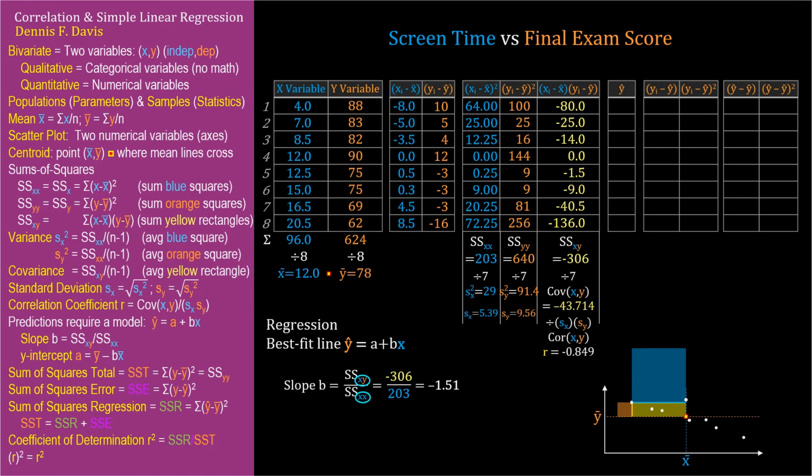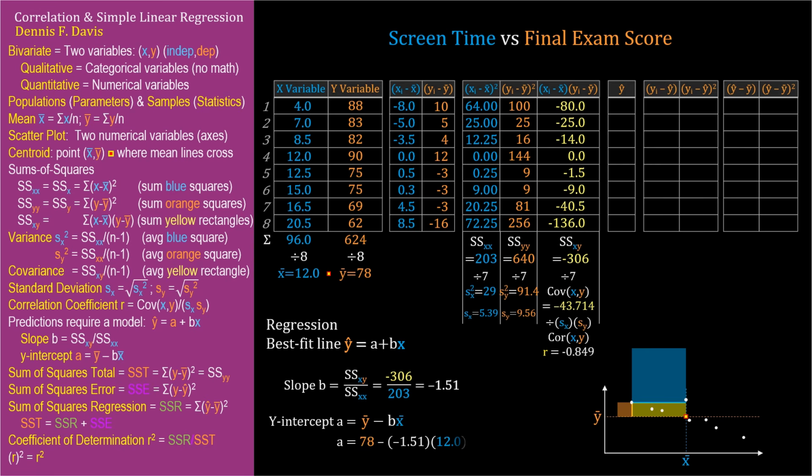The slope is -1.51 exam points per hour, which means the trend is that every hour of screen time is associated with a reduction in the corresponding exam score of 1.51 points. Now we need the y-intercept a, which is equal to y bar minus b times x bar. B, remember, is the slope we just found, -1.51.